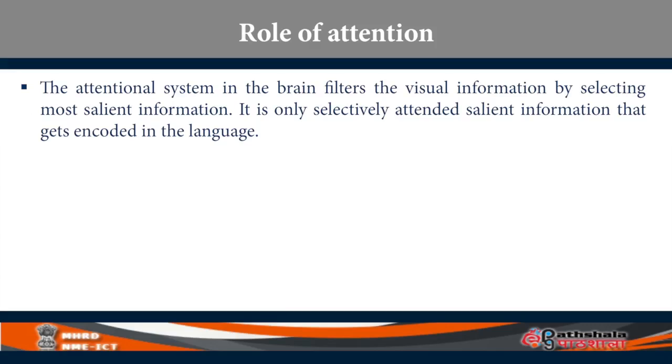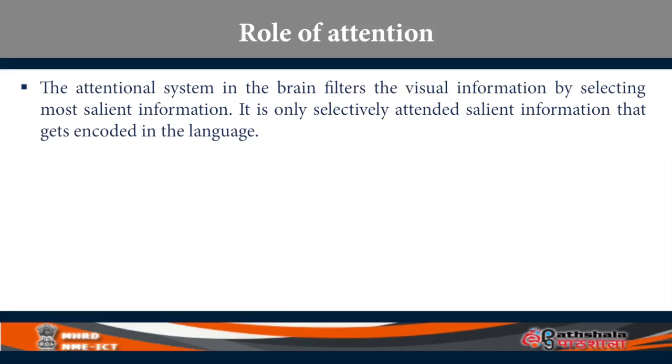Meaning you will only speak, there is a scene in front of you, a rich scene, lots of things are happening in that scene, but your native language makes you pay attention to certain aspects of that scene and you will speak about only that. In fact, research has shown that Chinese and Japanese speakers pay much more attention to the background.